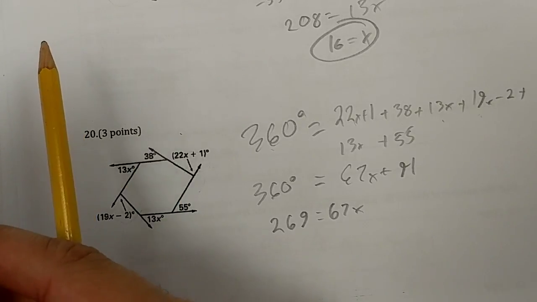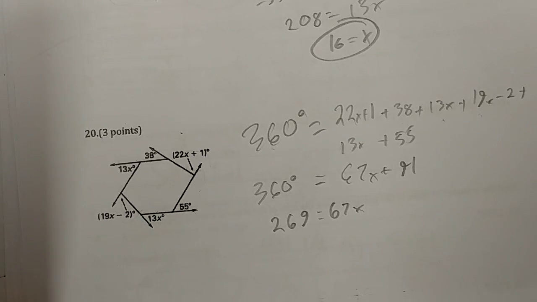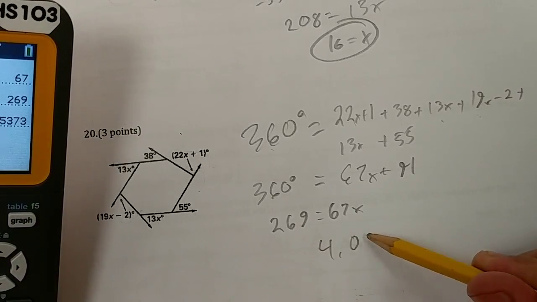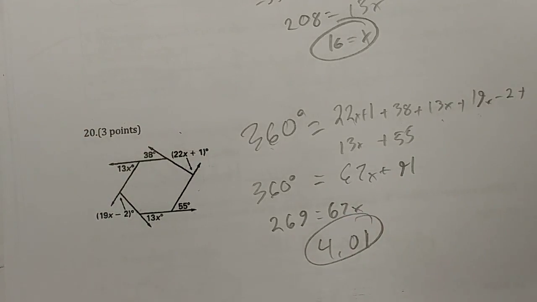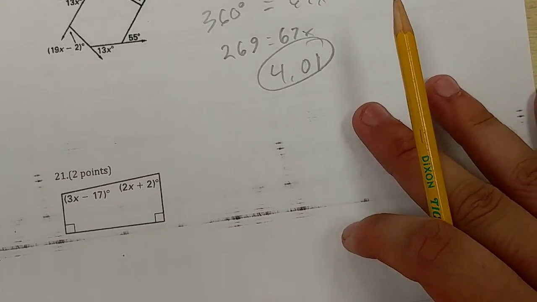And divide that by 67 is not a whole number. So I get 4.01 as my answer. I'm going to check this again later to see if this is correct. I don't want to hold up the video too long.